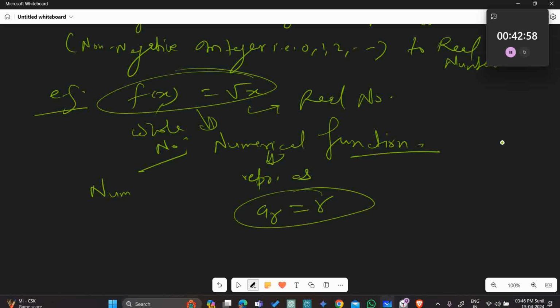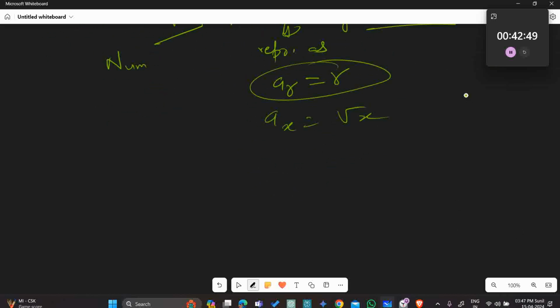Right. This is how a numerical function is represented. So here a of x is equal to square root of x. This is how we represent a numerical function.